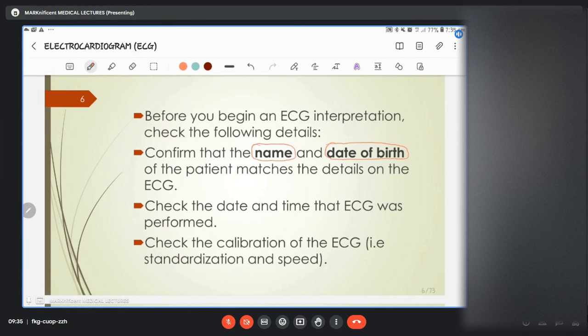You confirm the name and date of birth on the ECG. It will be clear on the ECG, and you confirm with the patient if it matches. That's the first thing. Then you check the date and time the ECG was performed.